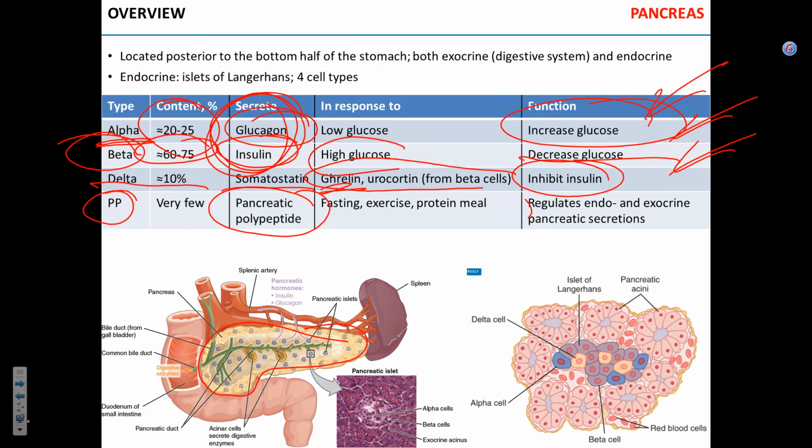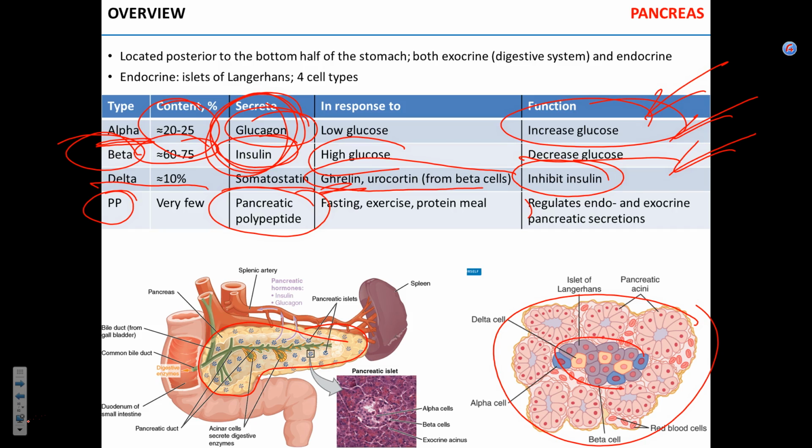Now, the endocrine function of the pancreas is concentrated in the structures that we call the Langerhans islets. You can see one here.